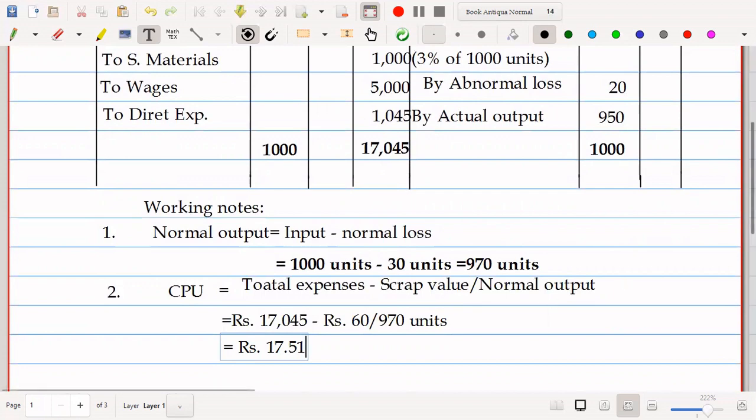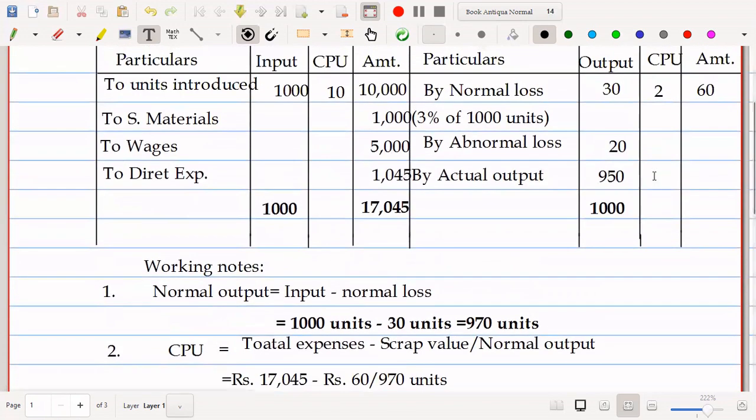Let us apply this CPU to both abnormal loss and actual output, 17.51 for each.